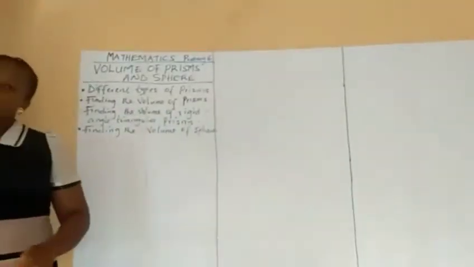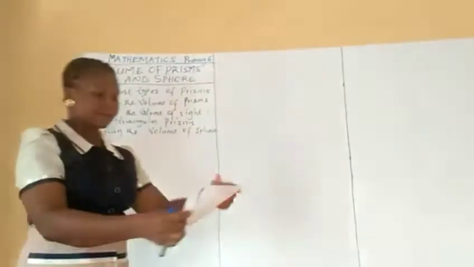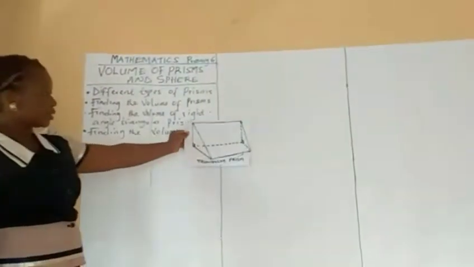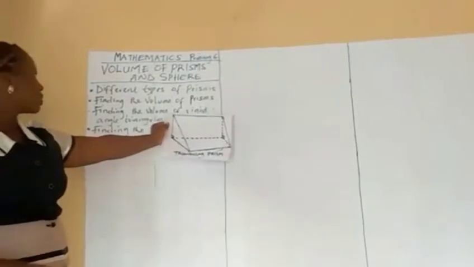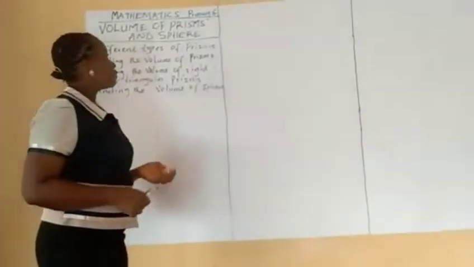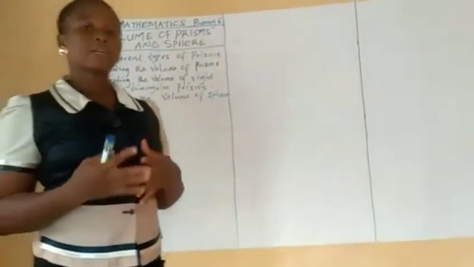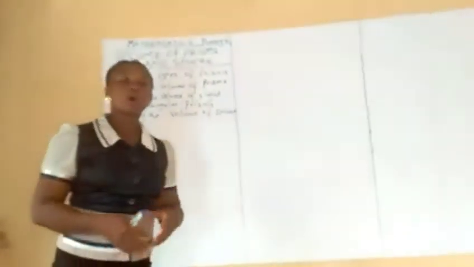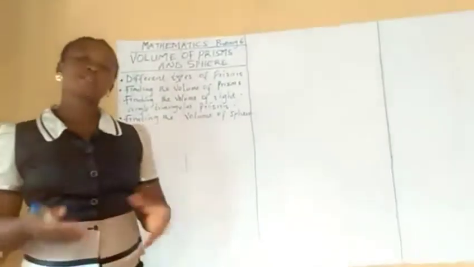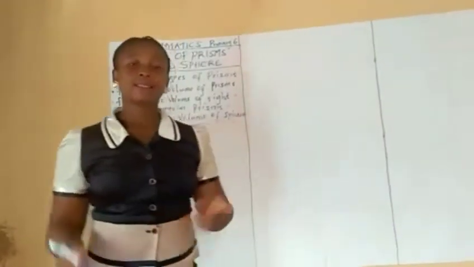Now we also have the right angle triangular prisms. Look at how it looks. For the cross section I told you about, I showed you the end. The end of a cross section is also called the base, and this base comprises the length and the width.